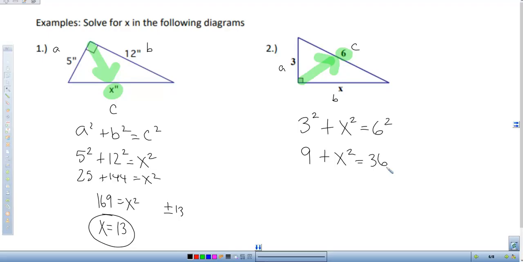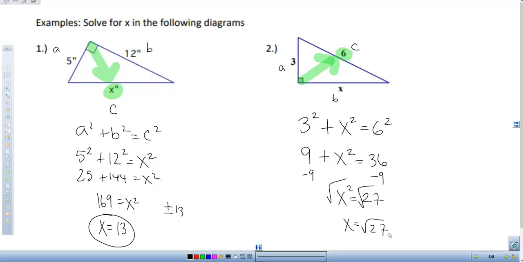And this time we're solving for a leg, so we need to do a little bit of algebra to get that x squared by itself. We'll subtract 9 from both sides, and I get that x squared is equal to 27. To get x, I'm just going to square root both sides, and I get x is root 27. Now, root 27 is not a perfect square.